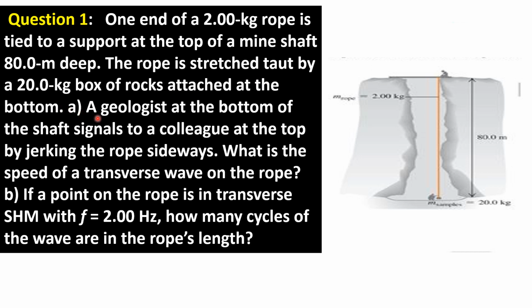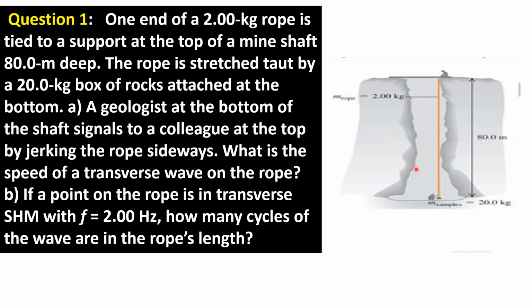Letter A. A geologist at the bottom of the shaft signals to a colleague at the top by jerking the rope sideways. What is the speed of a transverse wave on the rope? Letter B. If a point on the rope is in transverse simple harmonic motion with frequency f equals 2.00 Hz, how many cycles of the wave are in the rope's length?